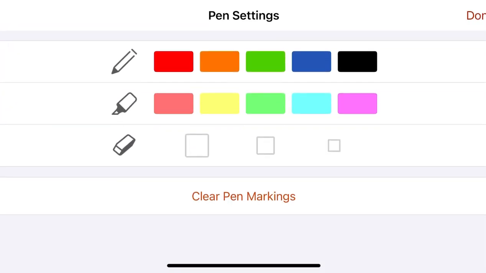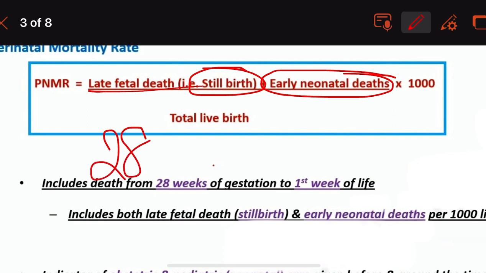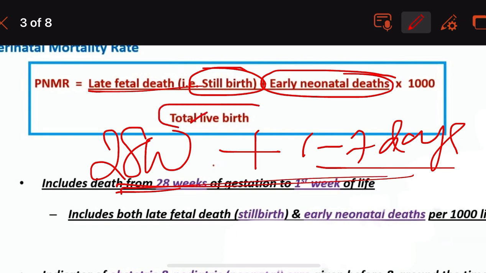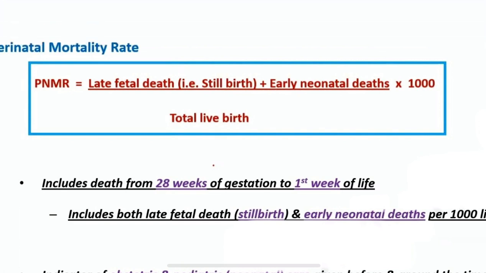So the deaths occurring are the stillbirths, from 28 weeks, plus the early neonatal deaths, from day 1 to 7. So you can say the stillbirths plus the early neonatal deaths divided by the total live births, into 1000, is the formula for calculating the perinatal mortality rate.